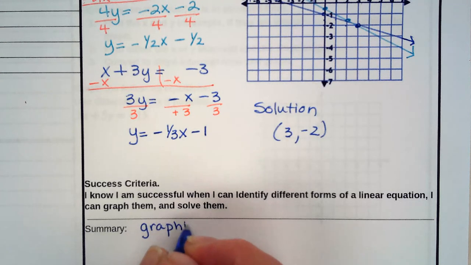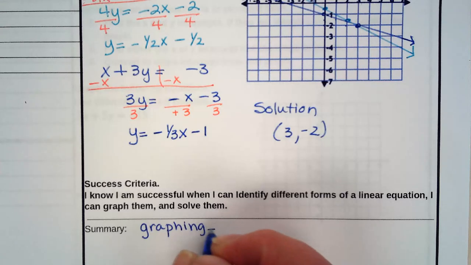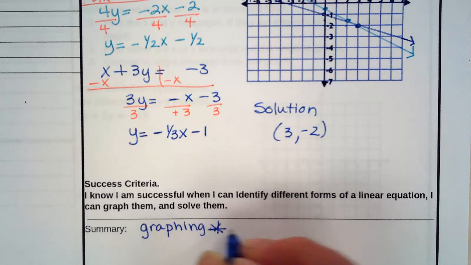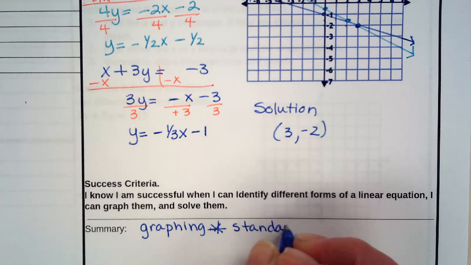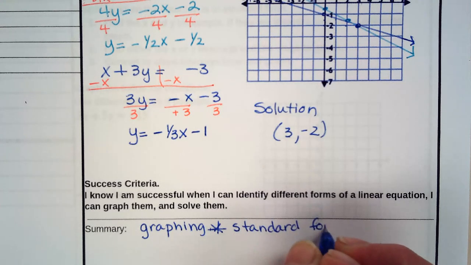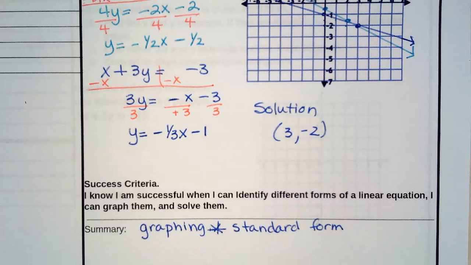So this is graphing. And I'm going to put a little asterisk here, standard form. And then I'm going to have to think, what do I do?